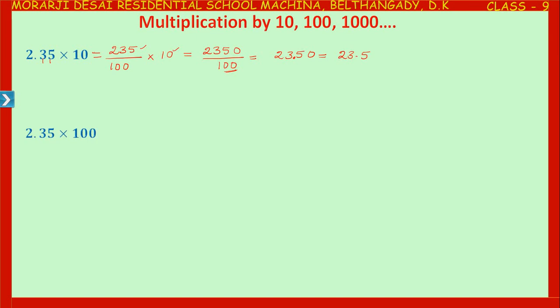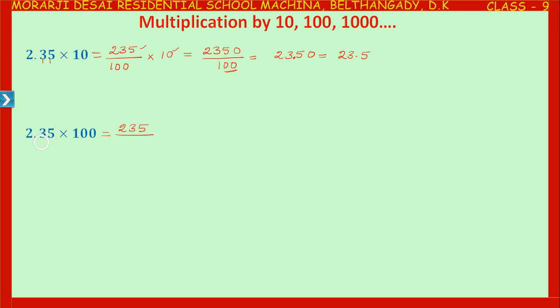Look at one more example. 2.35 into 100. Now convert 2.35 to fraction. First remove the decimal point, write in the numerator, that is 235 by. Look at the place value.